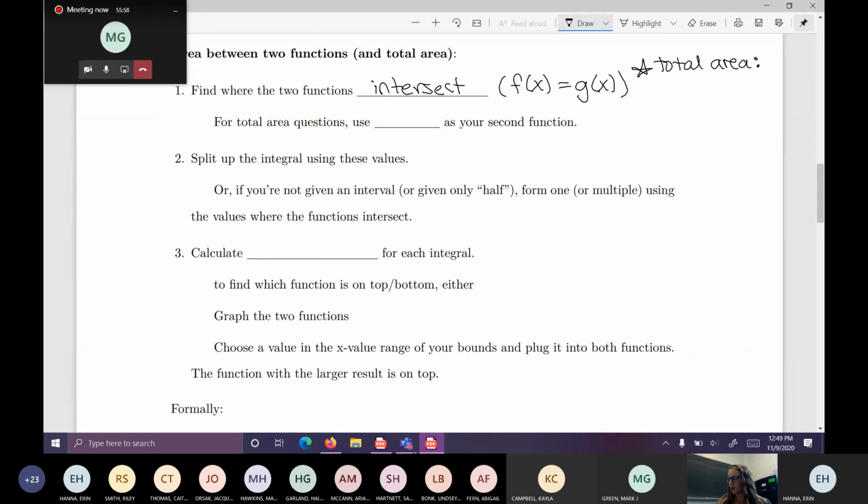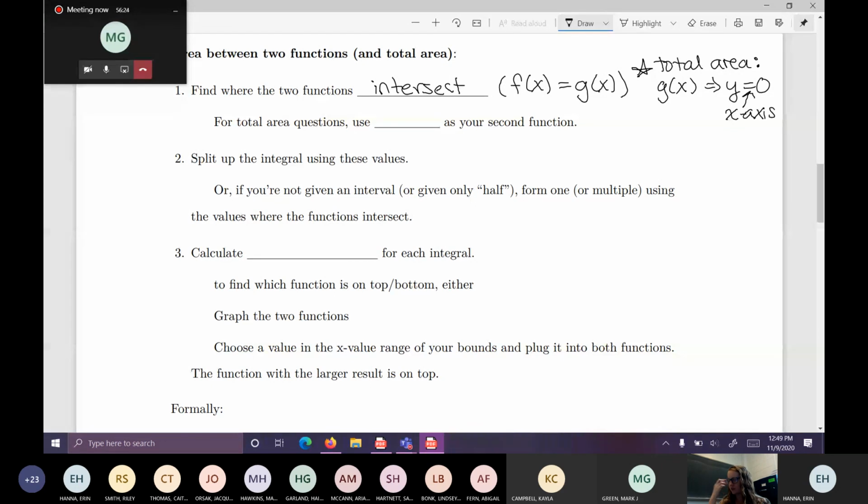In a question like I was just posing of how much stuff is there underneath of x cubed, your g of x, your second function, is 0. It's using the x-axis. So sometimes you're given a separate function and sometimes you're just asked about the x-axis. Remember that the x-axis is technically y equals 0.